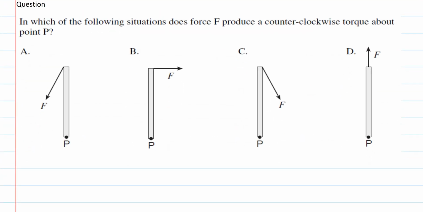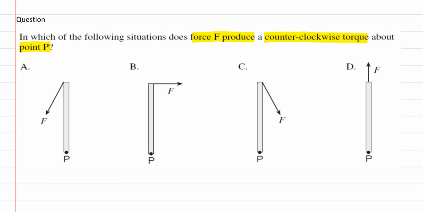Another concept that will come up in this chapter is forces going in the counterclockwise direction and the clockwise direction, and we'll build towards that concept as well. So in this next problem, in which of the following situations does a force produce a counterclockwise torque around the point P?